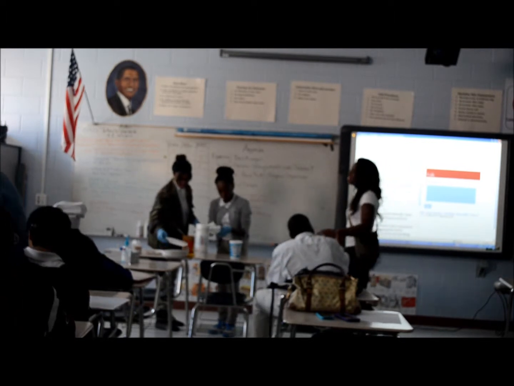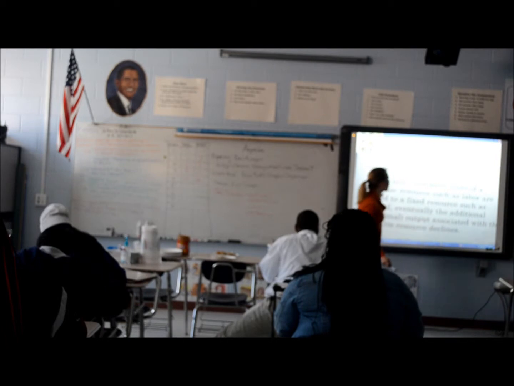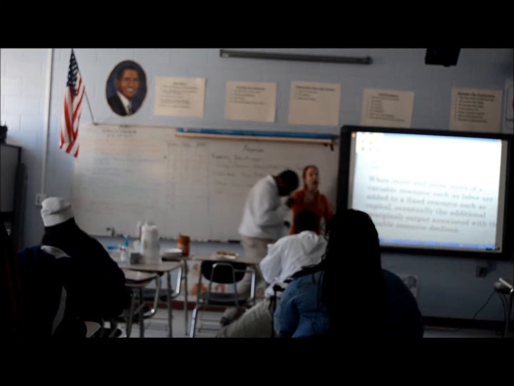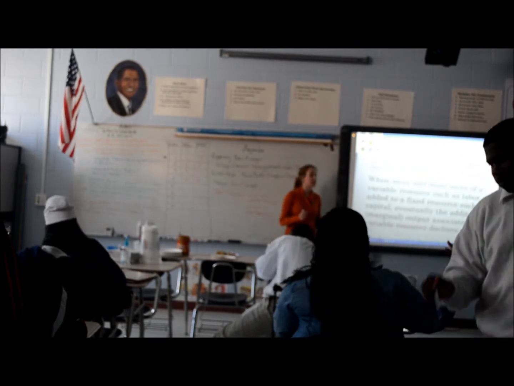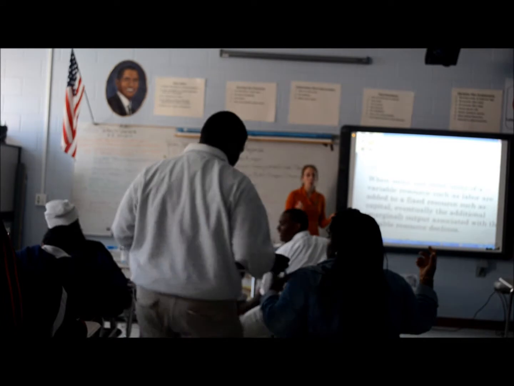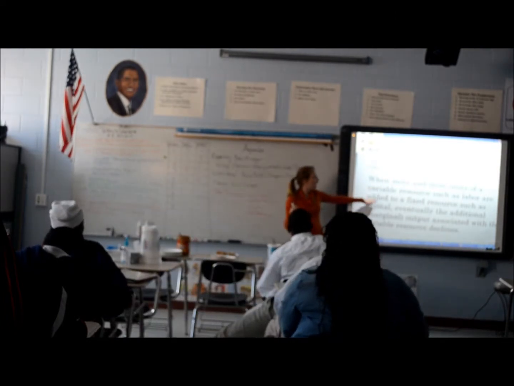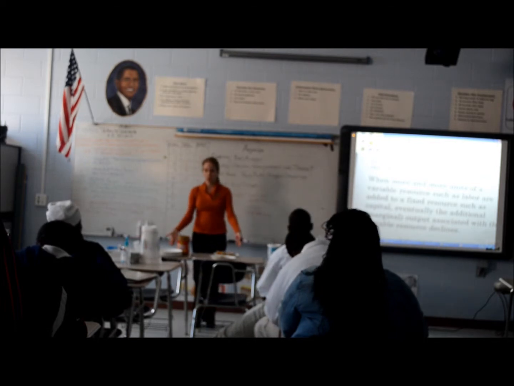When more and more units of a variable resource, such as labor, are added, okay? So we added workers, we added labor, right? That's our variable resource. That's the thing we changed. When more and more units of a variable resource, such as labor, are added to a fixed resource, which was our capital, okay?